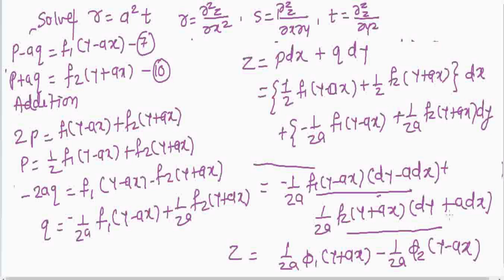When we integrate this we get another function of y plus ax and another function of y minus ax. This is the solution of Monge's equation.